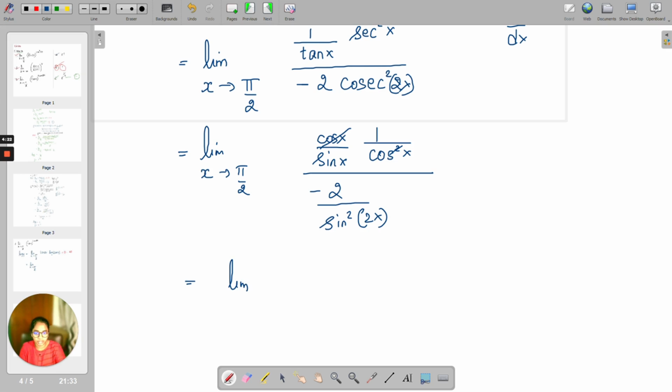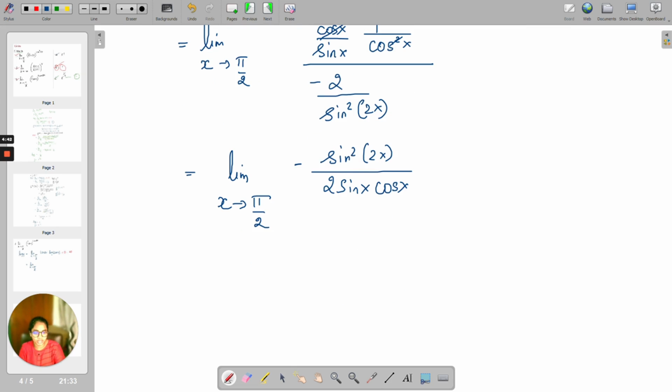So I would get limit x tending to pi by 2 of minus sine square 2x divided by 2 sin x cos x. Now what is 2 sin x cos x?